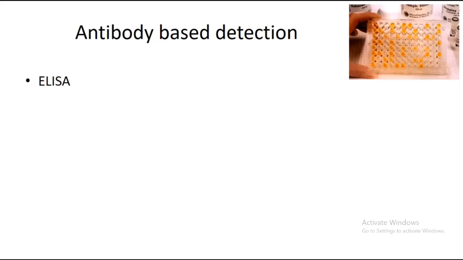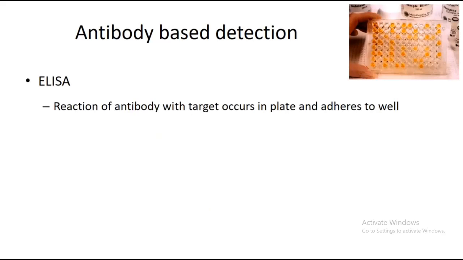Now, in terms of antibody-based detection, what ELISA does is it measures the reaction of an antibody with a target that you're interested in. And it'll be a reaction that takes place in the wells of the plate. The reason this is useful is that if we have a molecule of interest, for instance, C-reactive protein, which is used clinically to determine if someone has an infection, we could take a blood sample and measure the amount of C-reactive protein present in that blood sample.